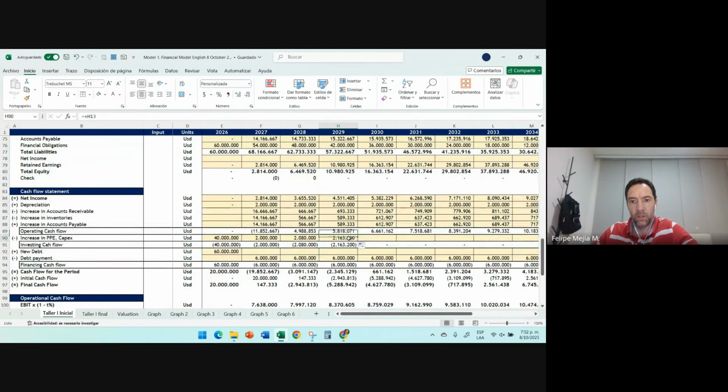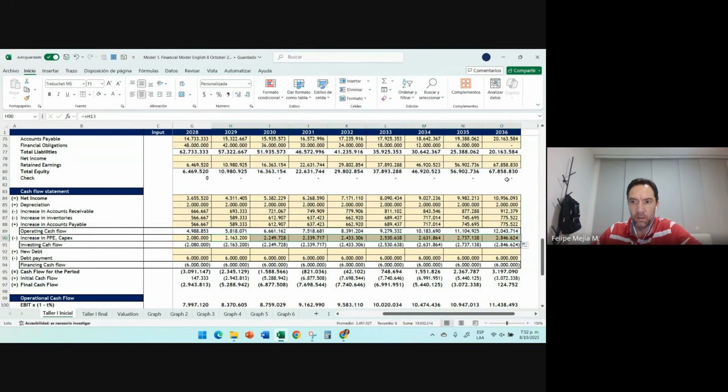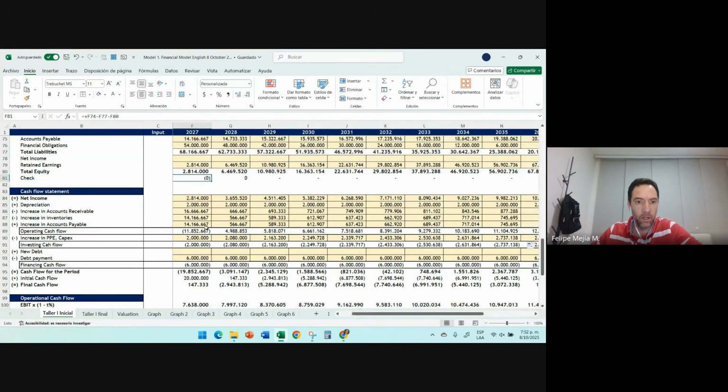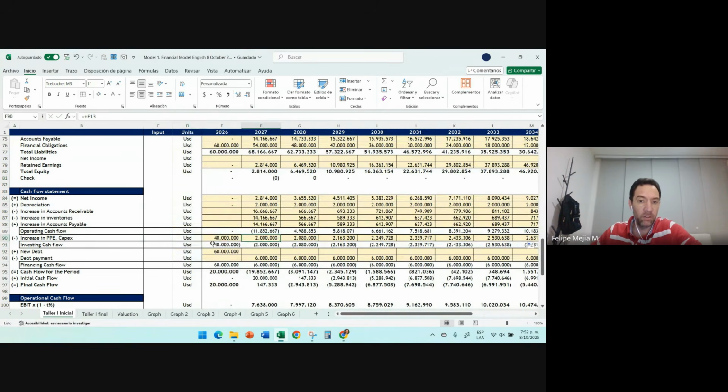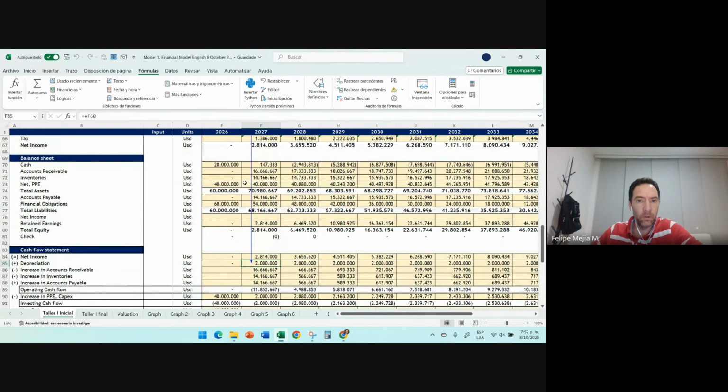So it is closing in on itself. So let's move to the net capex. Our balance sheet is working. It is an increase in assets that represents a cash outflow. It's already working.